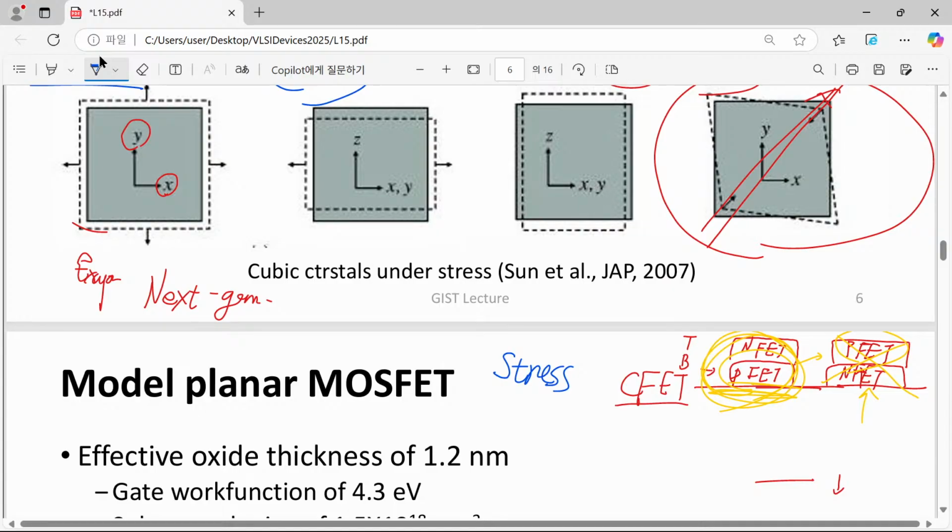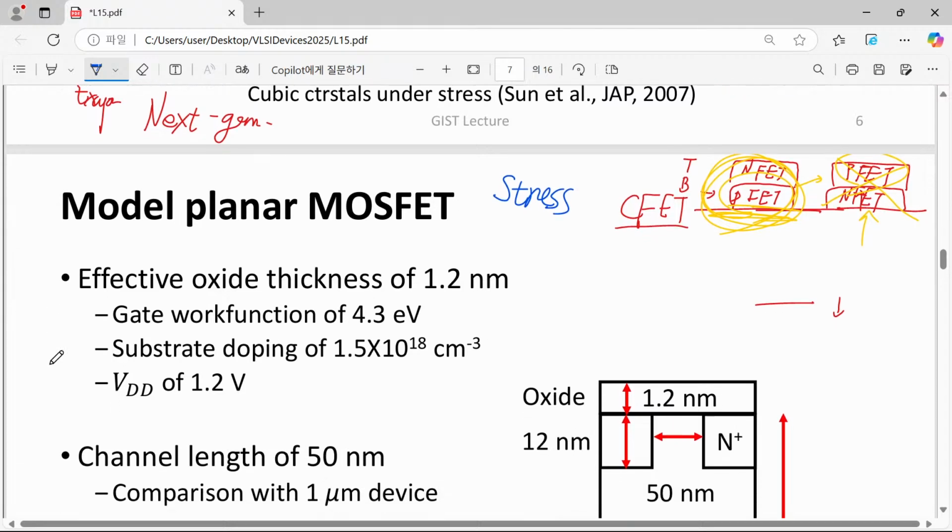Why I keep raising this mobility topic is that once you select your device or your material and architecture, then maybe mobility is the most powerful knob to improve your device performance. So mobility is quite important, so you have to understand the importance of mobility and some factors affecting the mobility.